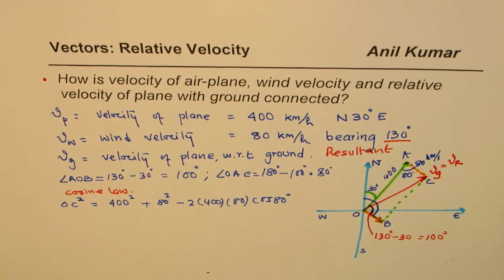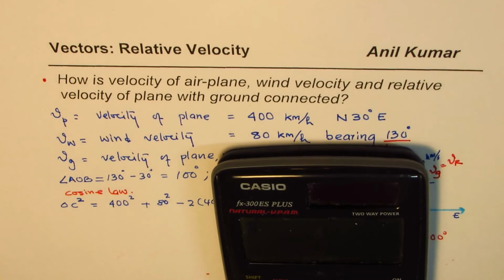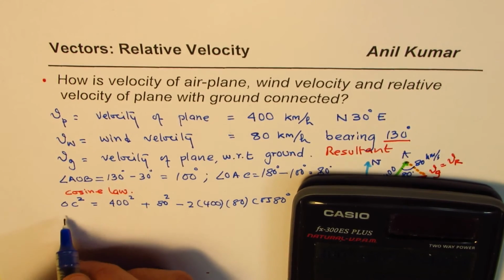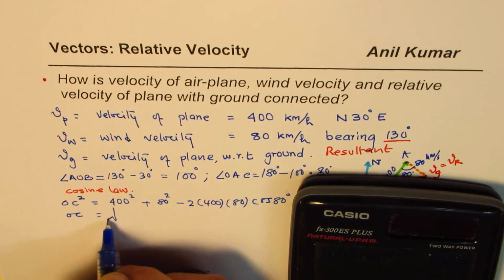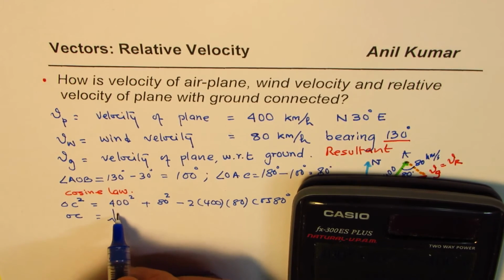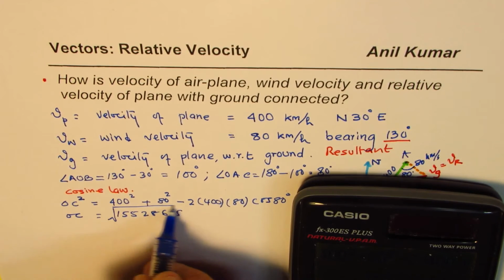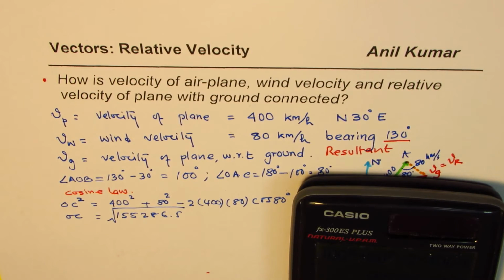So let's use the calculator to calculate this out. 400 square plus 80 square minus 2 times 400 times 80 times cos of 80 equals. So we have a very big number, and OC will be equal to the square root of this number. So let me write down here 155,286.5, whatever. Now, this is it.